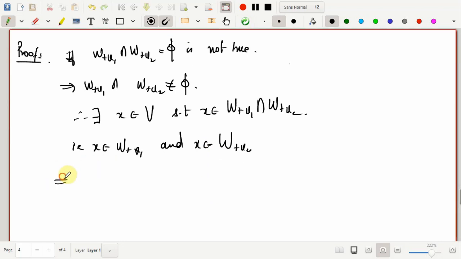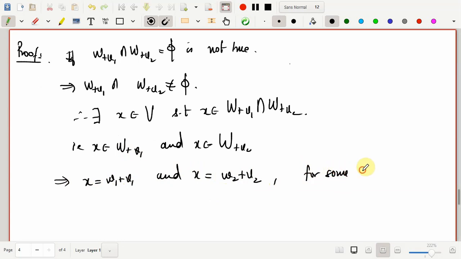By this I mean that X can be expressed as some element of W plus V1, so I'll call it W1 plus V1, and here also X can be expressed as W2 plus V2, right? Don't forget the claim, for some W1, W2 in W.